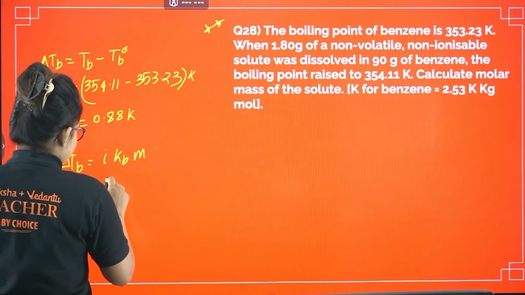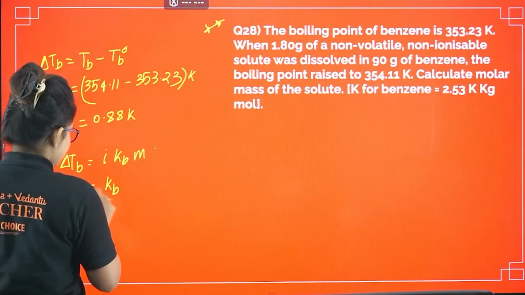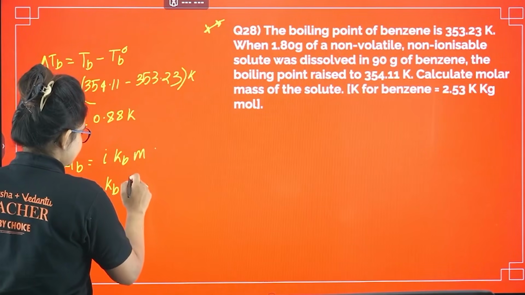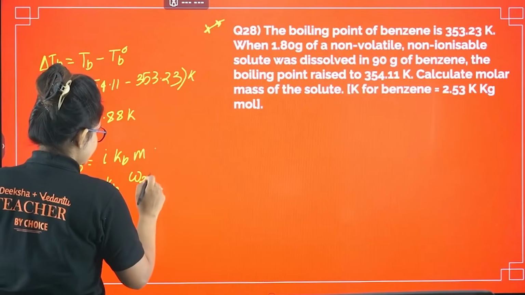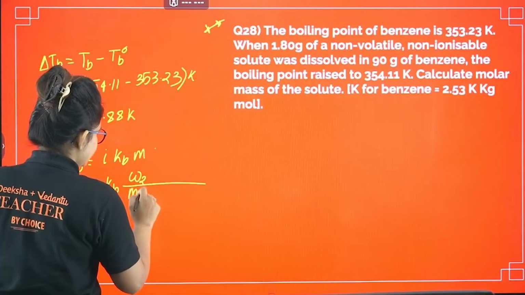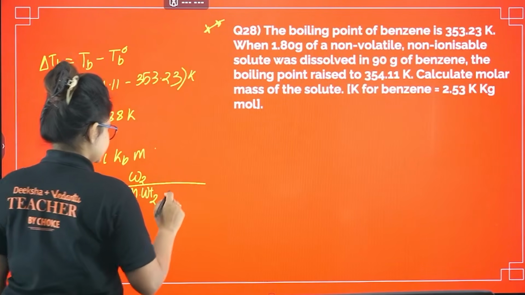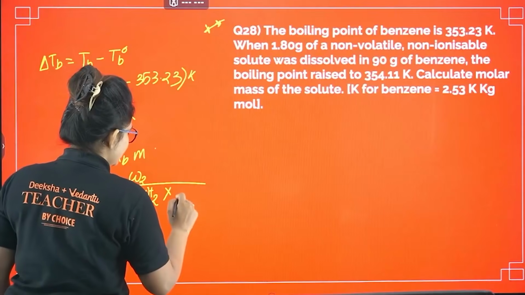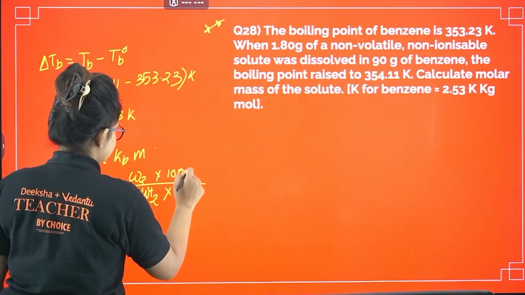So if I write KB, from this I can get weight of the solute divided by molecular weight of the solute into weight of the solvent into 1000.